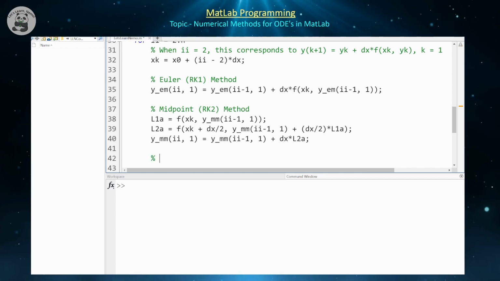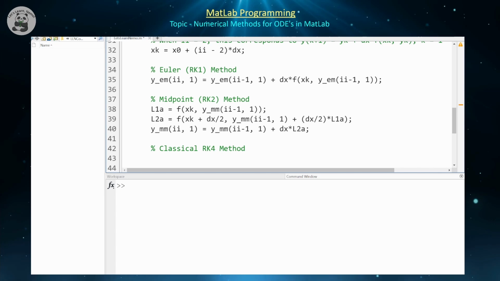Now let's go through our classical RK4 method, our classical Runge-Kutta Order Four. So I'm going to call these L1b, L2b, L3b, and L4b. So L1b is going to be equal to practically the same exact thing as these.